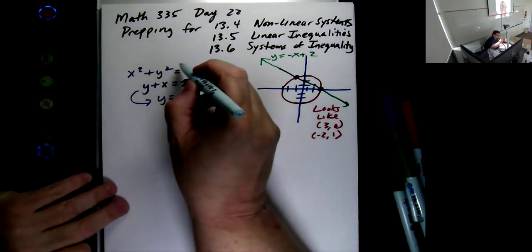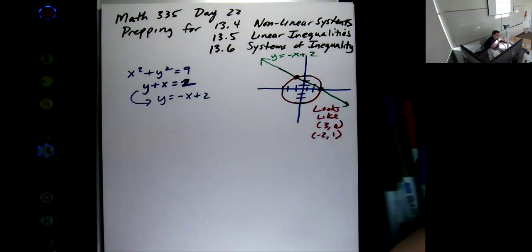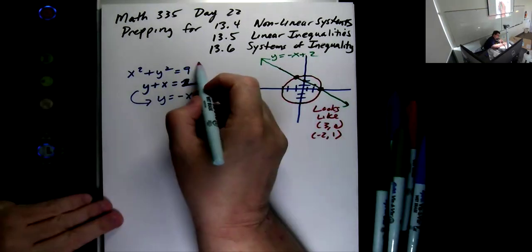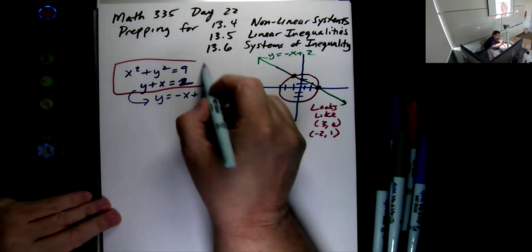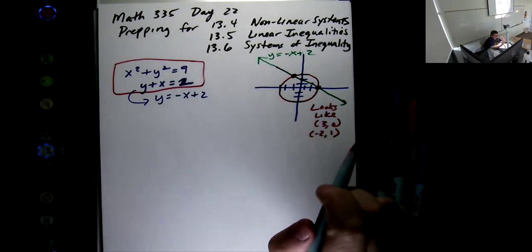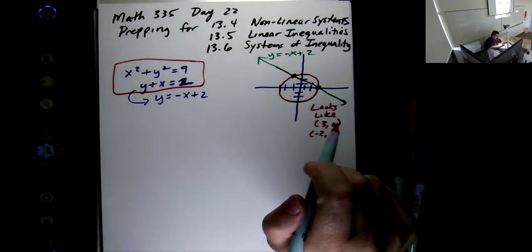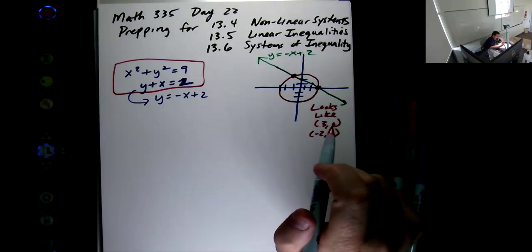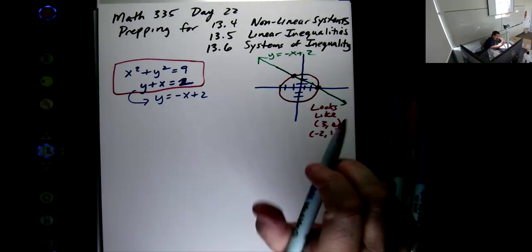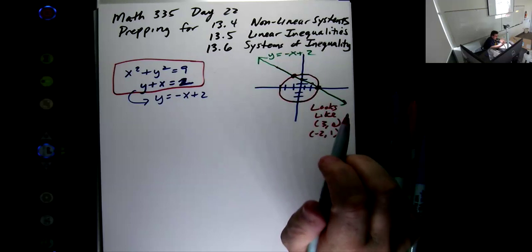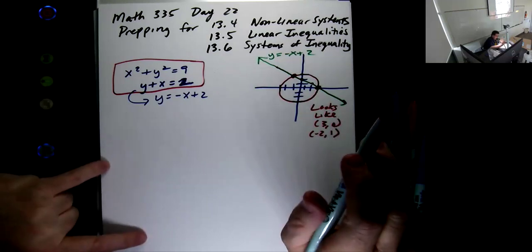So these were the equations we started with. Just like we did with systems of equations with 2 variables, where they were both lines, one of the methods we had was substitution, and we also had the addition elimination method. Substitution works really well here.